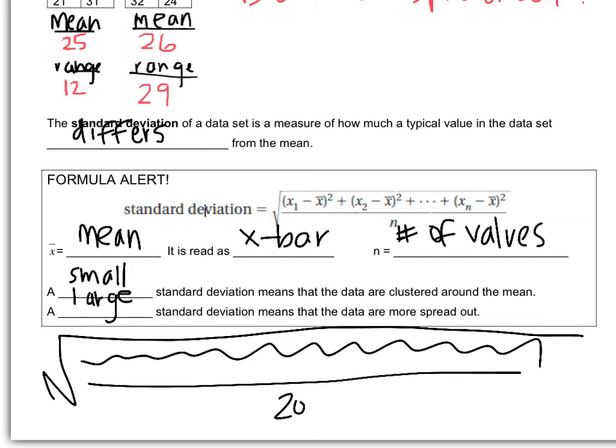I'm trying to avoid having this very long square root, because each little piece takes up quite a bit of space: a subtraction plus another subtraction plus another subtraction, and that's only 4 values. If you have 30 values, it's going to be a very wide square root symbol. So I'm going to set it up in a little chart, but it's the same formula.